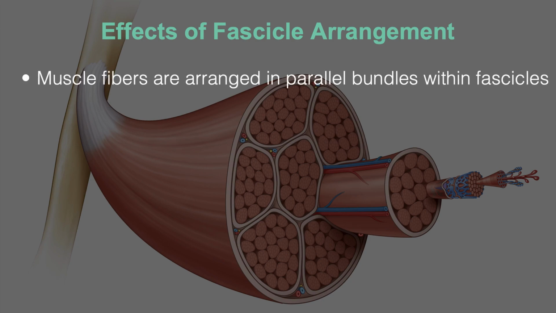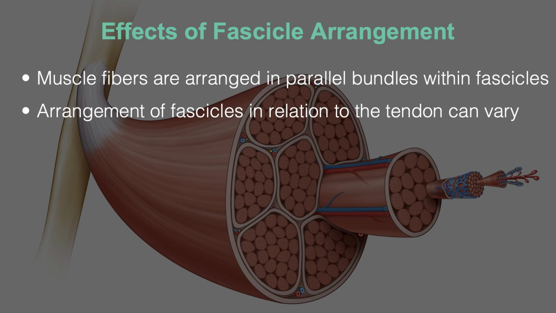So the fibers are arranged in fascicles, and in all the examples that we've seen so far, those fascicles are all parallel. They all work or are pointed in the same direction. Different muscles in the body will have them in different arrangements, though. The simplest is linear. Some of them might fan, and you'll have fascicles going at different degree angles from each other.